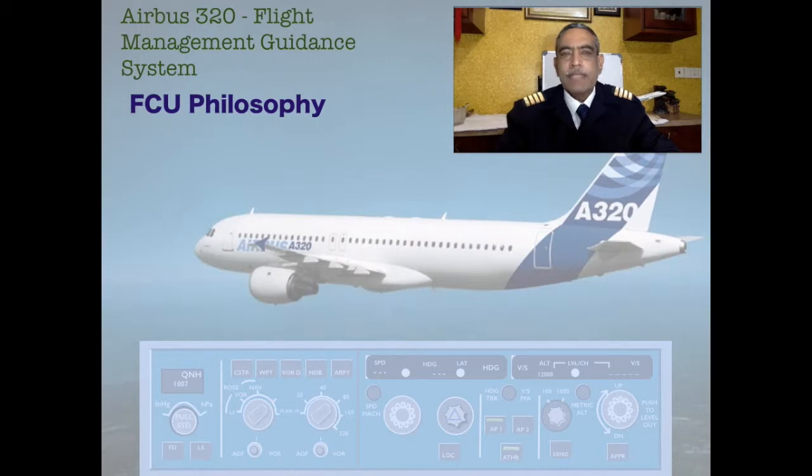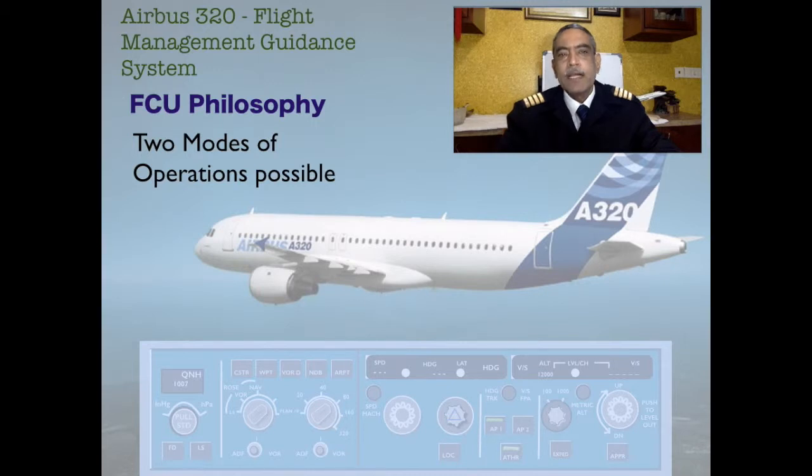Now all these selection buttons on the FCU, the flight control unit, first of all, there is a rotary motion which is possible, which is to select a particular figure in a window, and the other one which is possible is that the button can be either pushed or pulled, which is called the managed mode and the selected mode.